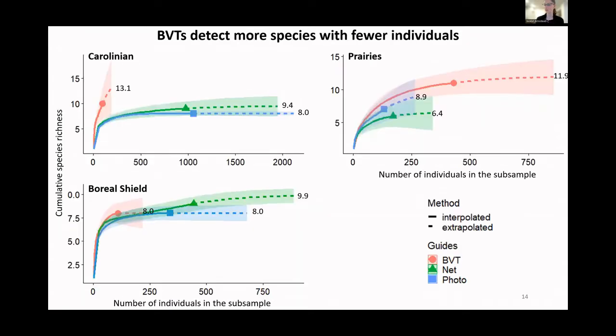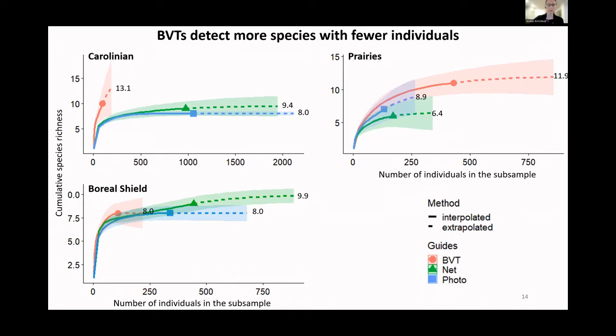Now, these figures are rarefaction curves, and rarefaction uses subsampling to create estimates of species richness based on the number of individuals, and it's useful for comparing collections that have different sampling efforts. So along the x-axis is the number of individuals in the subsample, and along the y-axis is the cumulative species richness.